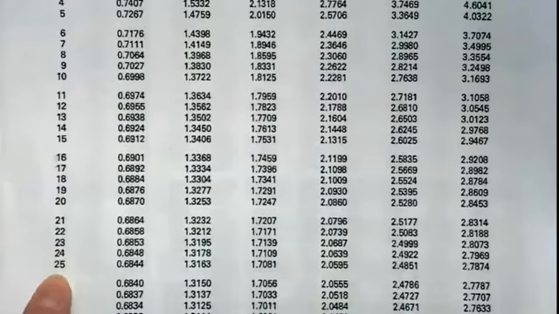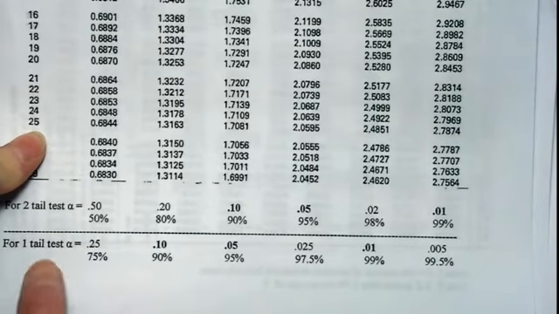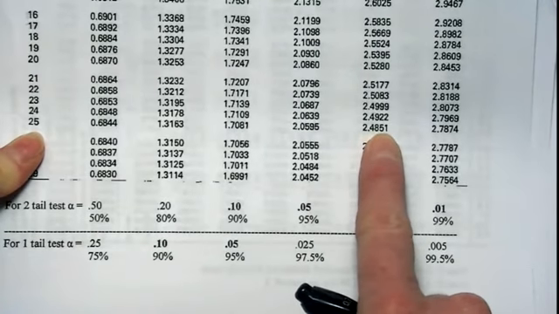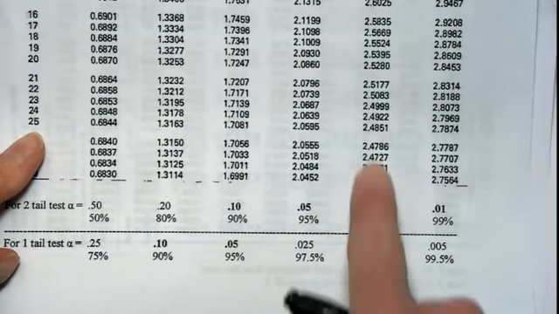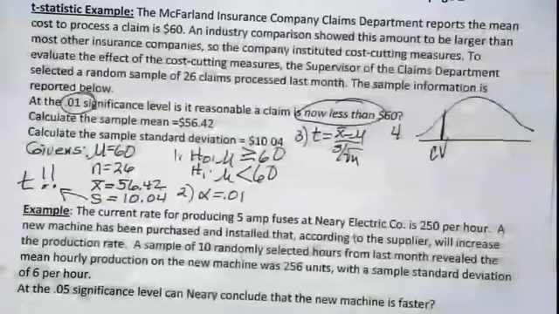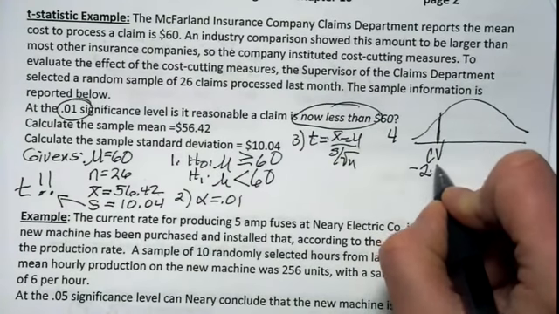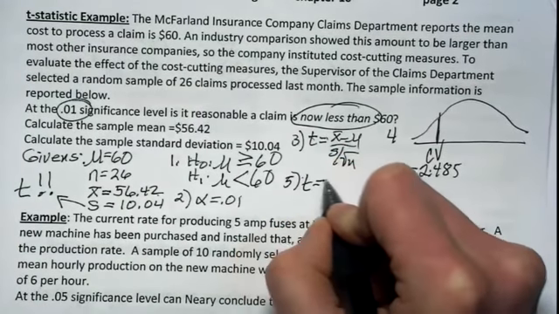So 25 degrees of freedom, one tail 0.01, come up here, 2.485. And because it's on the left side, negative 2.485.